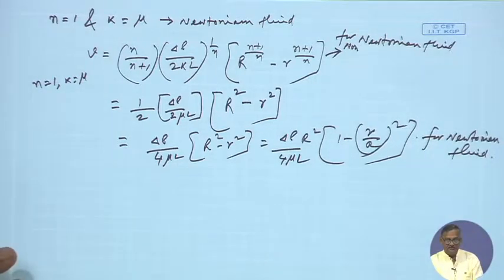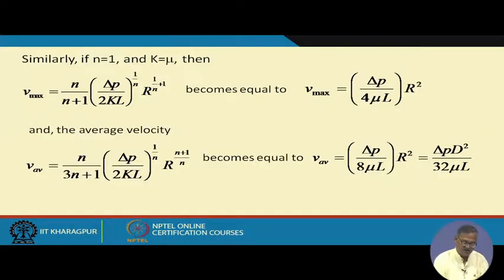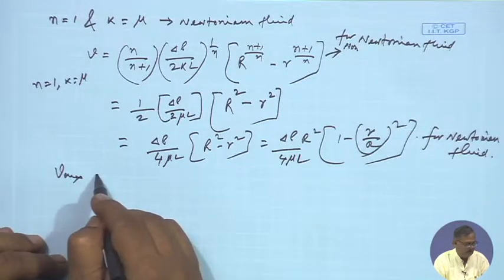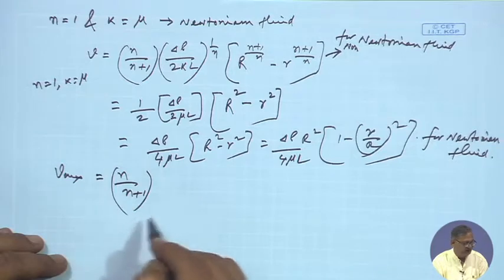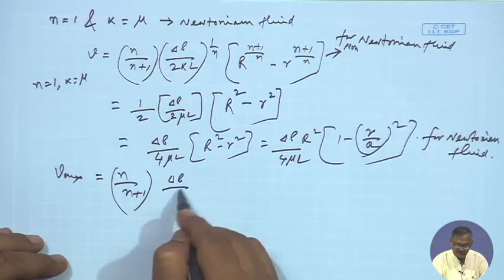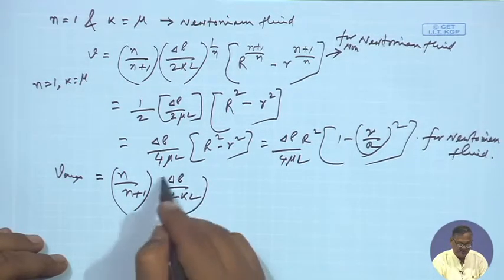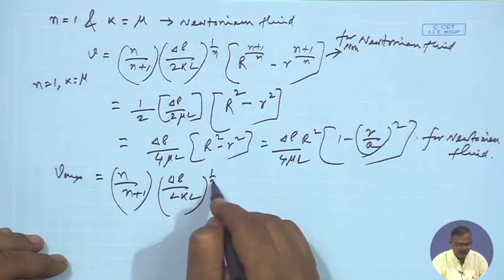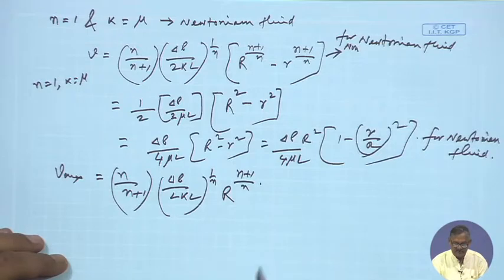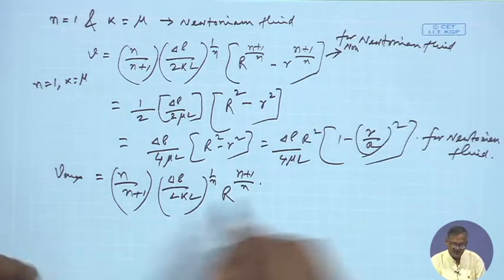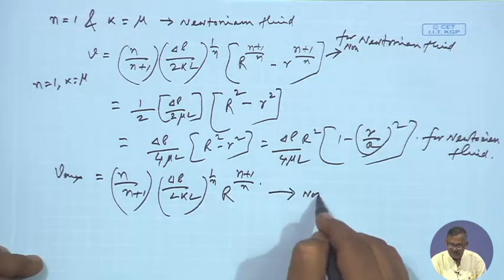right. So, this is V, and similarly we can also say that V max is equal to n by n plus 1 into delta P by 2 K L to the power 1 by n into R to the power n plus 1 by n. This was for V max, and this is for non-Newtonian fluid.